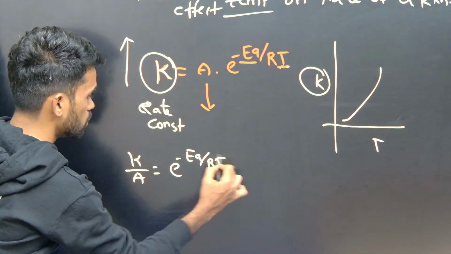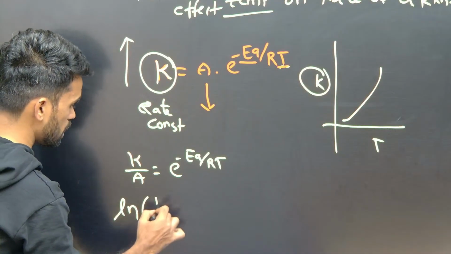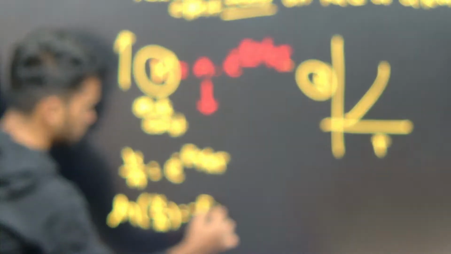R is a constant. So k/A = e^(-Ea/RT). Taking the natural log, ln(k/A) = -Ea/RT. So you can write ln k = -(Ea/R)(1/T) + ln A. From this you can draw the graph of ln k versus 1/T. The slope is negative and the intercept positive, so you will get a line like this.